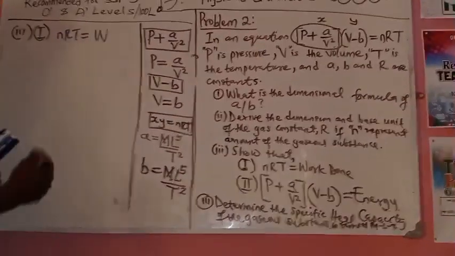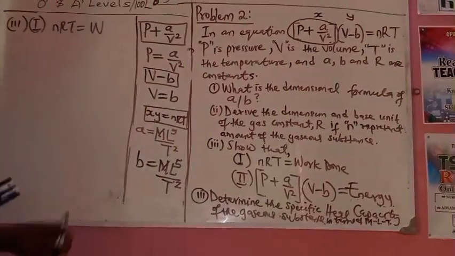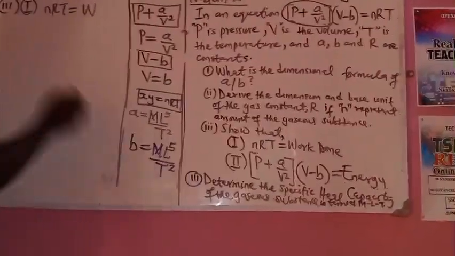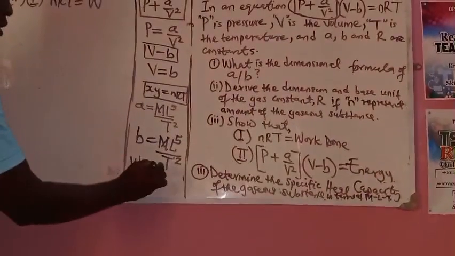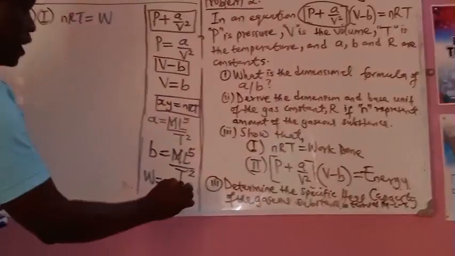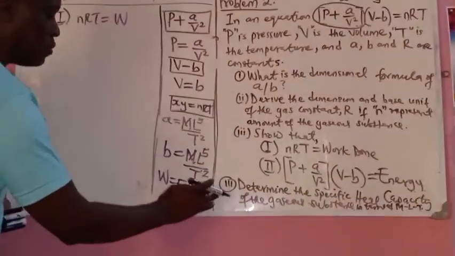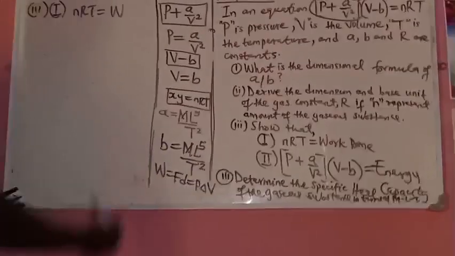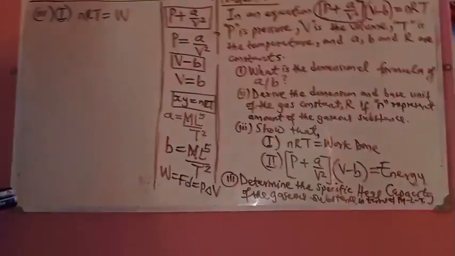Work done is force times distance. It is also equal to pressure times change in volume. That's it.